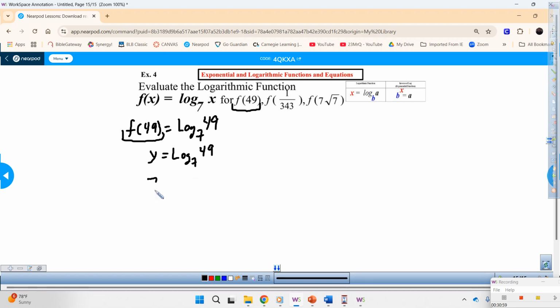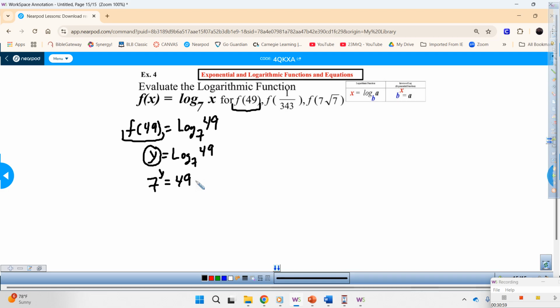Seven to the y equals 49. That is correct.